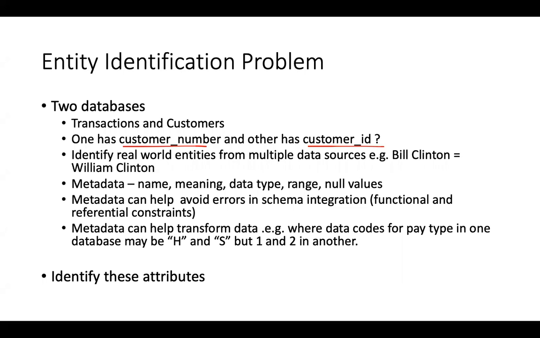One of the challenges is that the data may become redundant. In other words, the customer ID from one database in probably Grand Rapids and the customer number probably from Lansing refer to the same attribute. What if these attributes have the same value? When that happens, this becomes an example of entity identification problem.